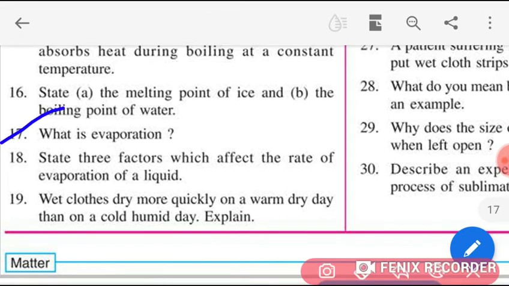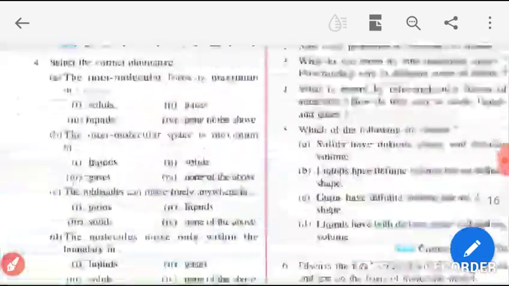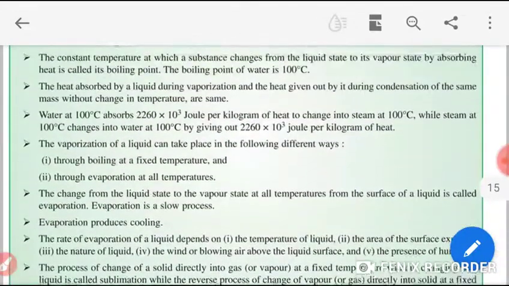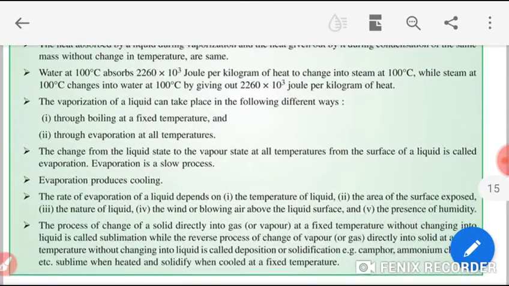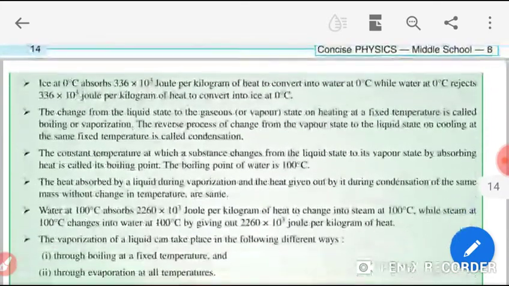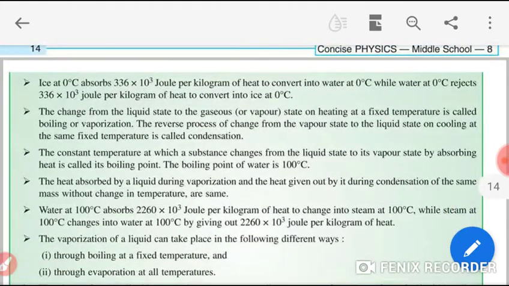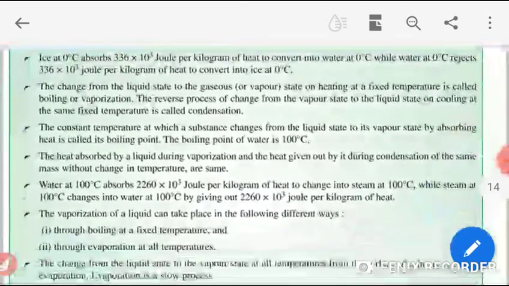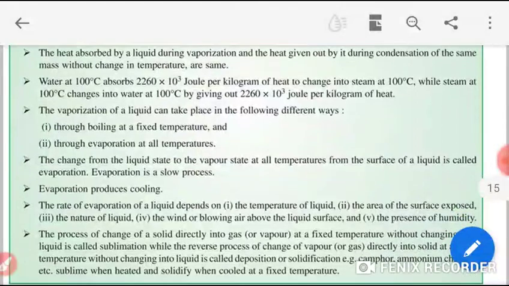What is evaporation? Students, you will get this question on page number 15. Take out your page number 15. On page number 15, your point is here: the change from a liquid state.